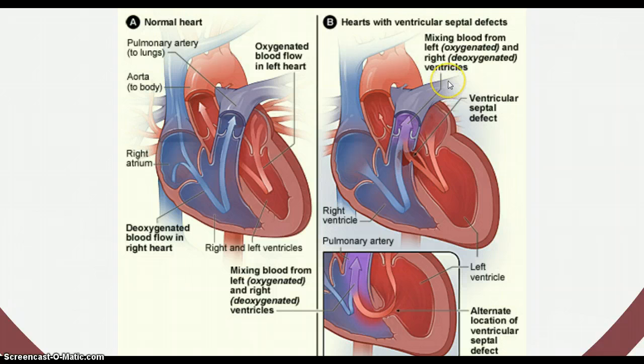But if you have a congenital heart disease or heart defect that is called a ventricular septal defect, then what's going to happen is your septum has a hole in it. So that's a specific congenital heart defect. And this can happen in babies, and that's the number one cause of baby death due to birth defects.